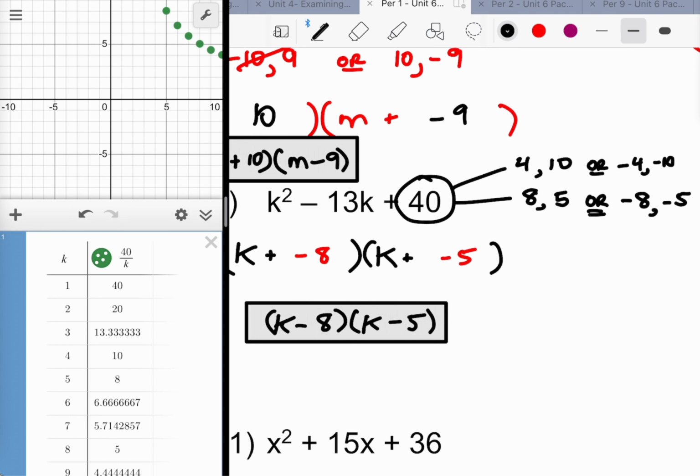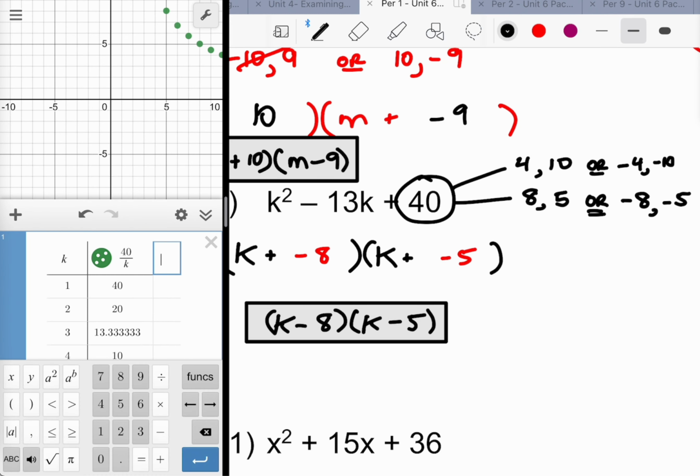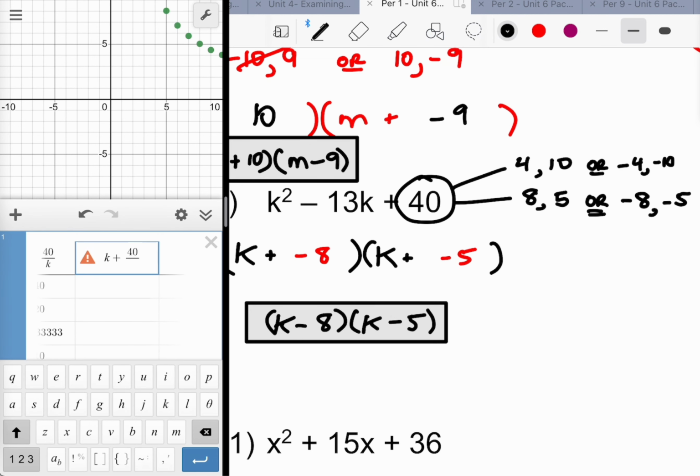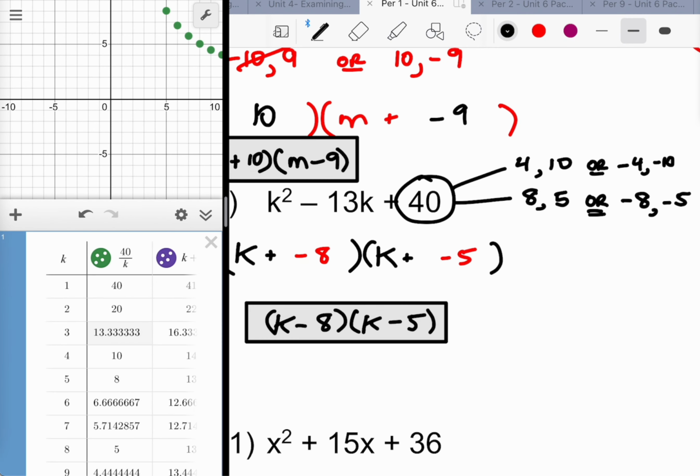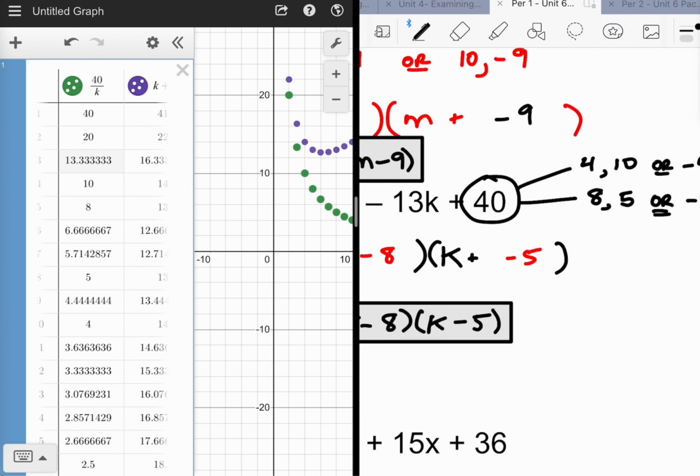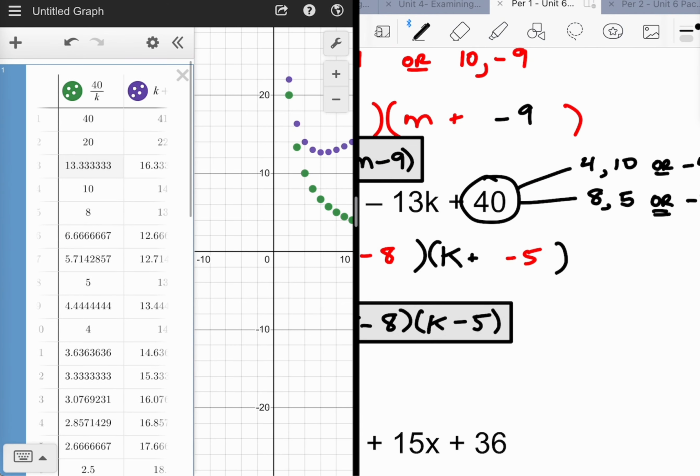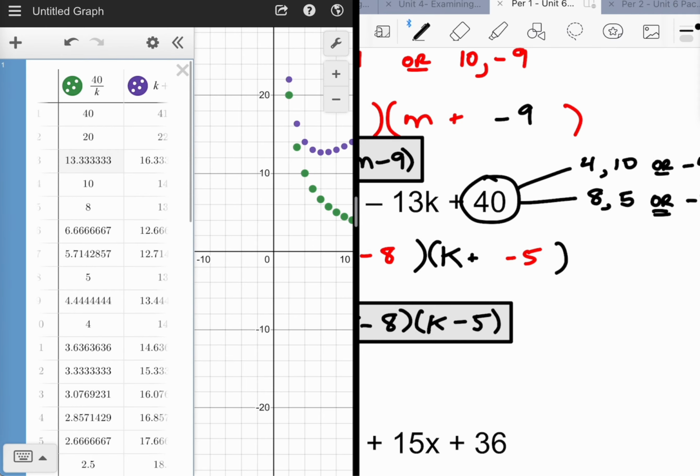But you can also have Desmos do the sum of these two columns for you. All you'd have to do is take the column headings and add them together. So I would say k plus 40 over k. Trying to get it so that we can see all three columns in one shot.